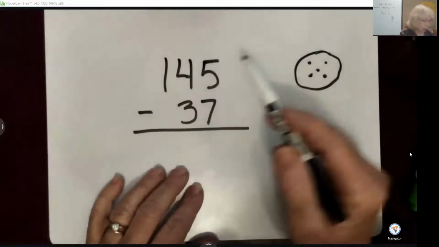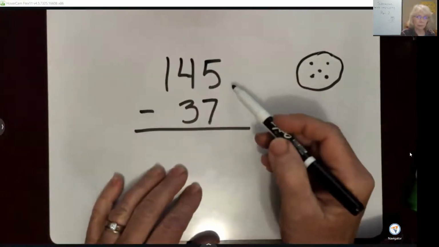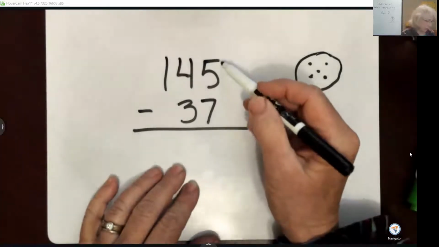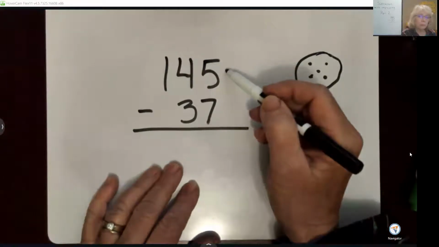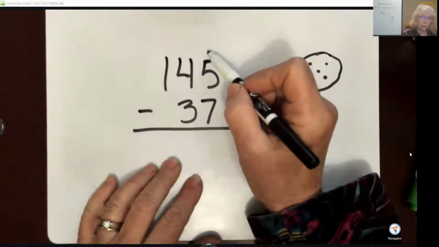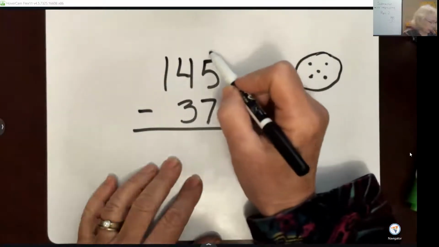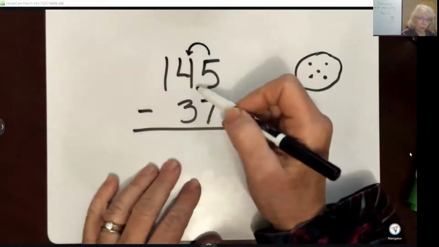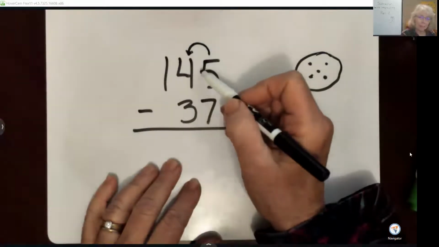Okay, so here's how I teach regrouping. We're going to say, okay, 7 is larger than 5, so I need to borrow or regroup. I like my students to draw in these figures. We're going to go next door, knock on the door, and ask 4, can I borrow one? And 4 says, yes, sure.